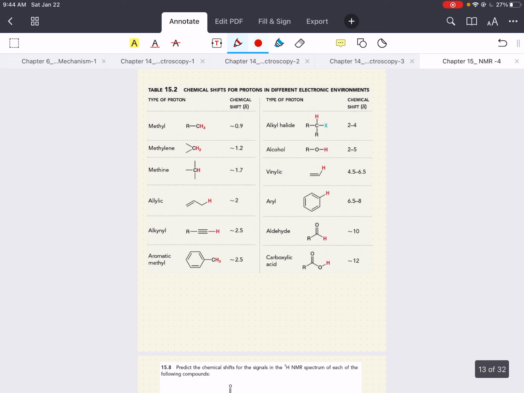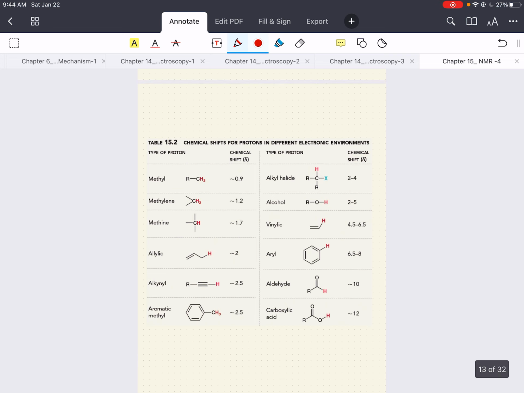So here's a little table of cool chemical shift numbers associated with different groups. Your methyl 0.9, methylene 1.2, methine 1.7. Allylic hydrogens are around 2. Alkynyl positions are 2.5. Aromatic methyls are 2.5. Alkyl halides are anywhere between 2 and 4.